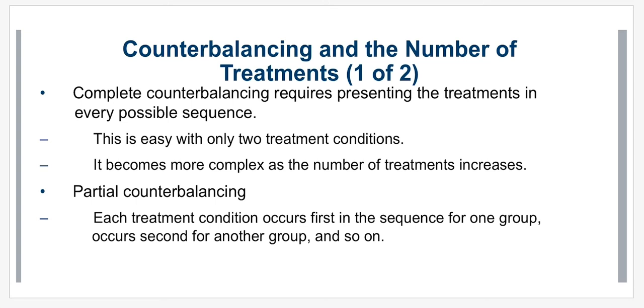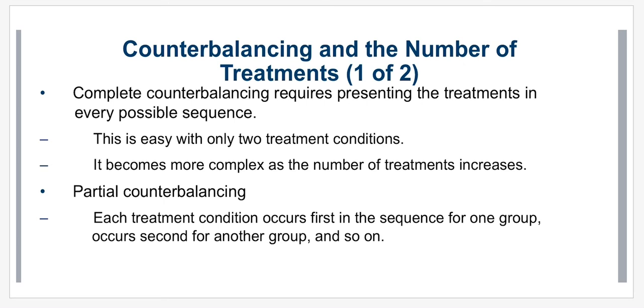Or you could look at it like if you progressed treatment 1, treatment 2, treatment 3, that may have a certain order effect, but then when you do treatment 2, treatment 3, treatment 1, that has a different order effect, right? And so if you only looked at one or two of those combinations and not all of them, you wouldn't actually be balancing the order effects completely.